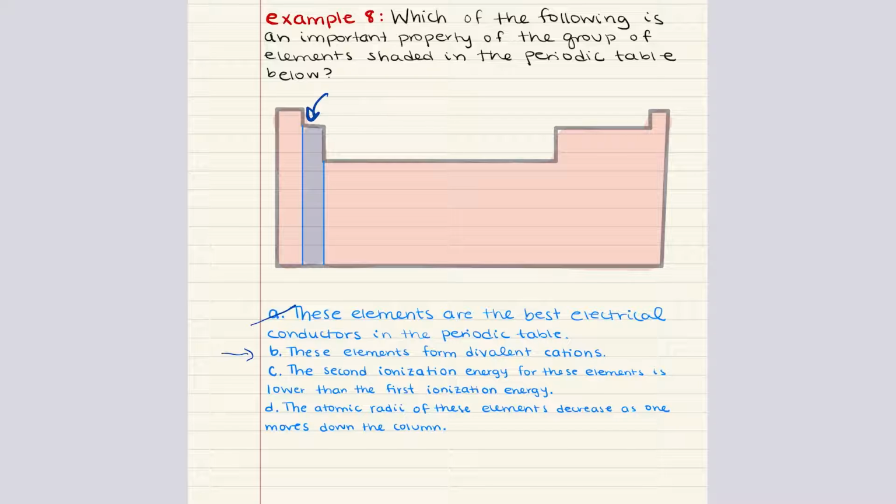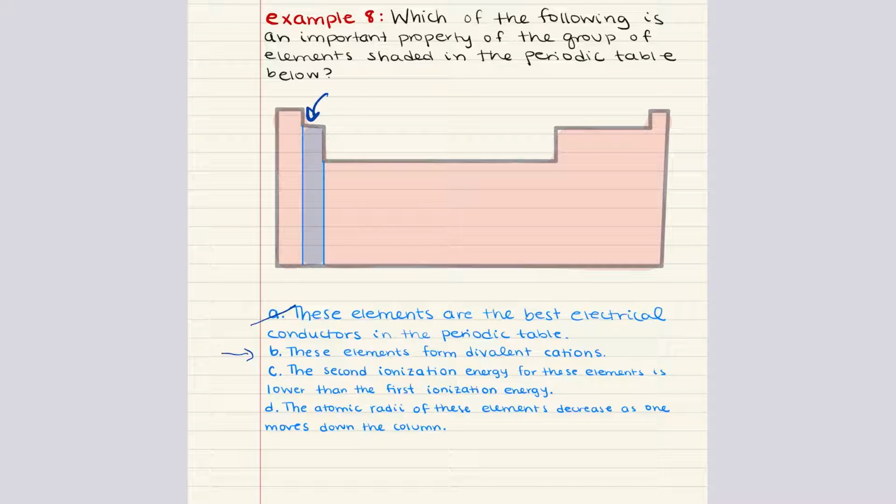Option C says the second ionization energy for these elements is lower than the first ionization energy. This statement is incorrect. From lecture, we made a clear distinction that the second ionization energy is always higher than the first ionization energy, because removing an electron from a positively charged ion is going to require more energy due to the increased electrostatic attraction between the nucleus and the remaining electrons.